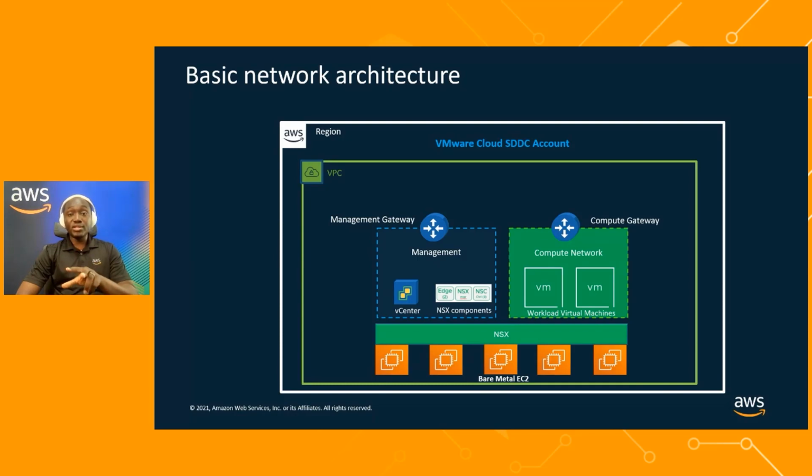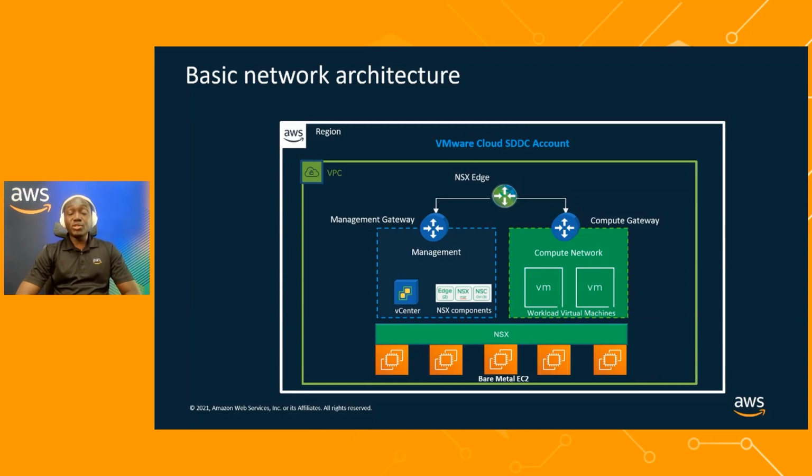These two gateways also terminate on what we call the NSX Edge. The NSX Edge acts as a router to allow you to send traffic outside of this SDDC to wherever you want, be it the public internet or on-premises.